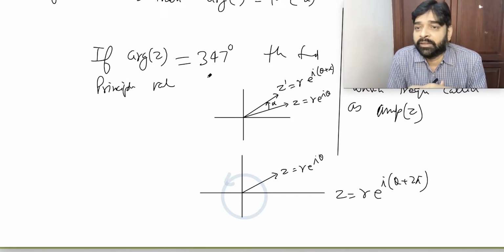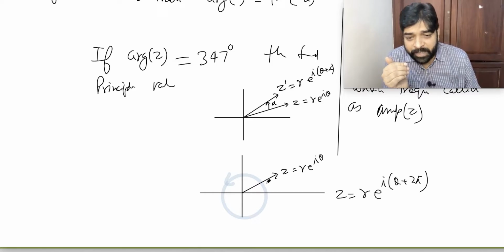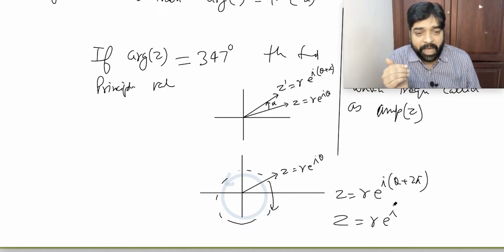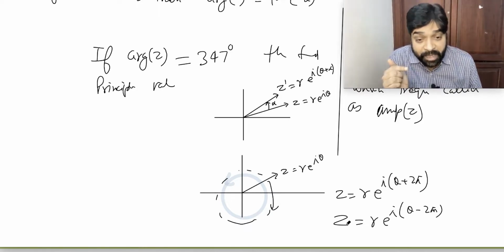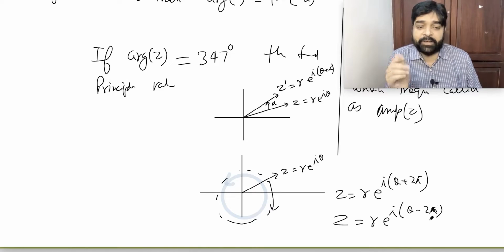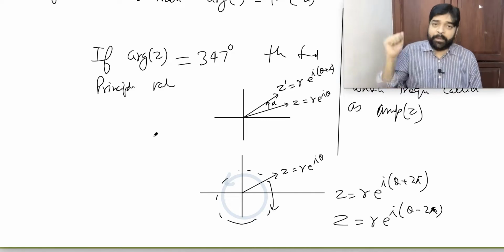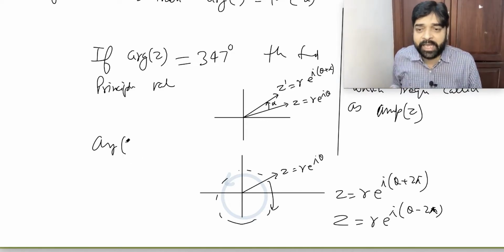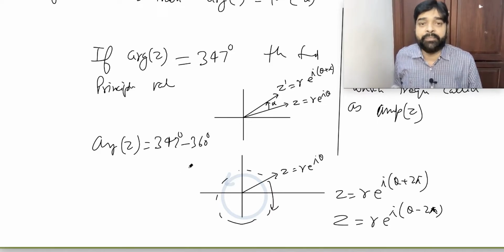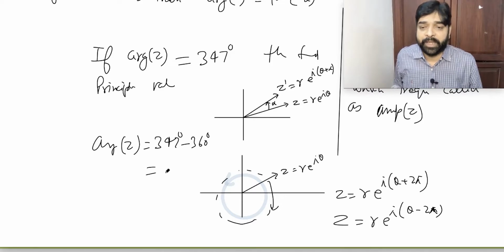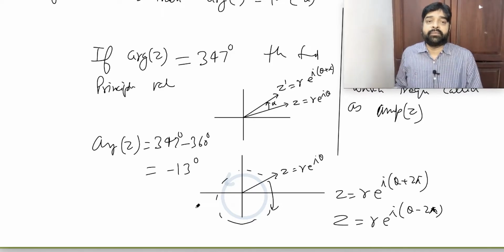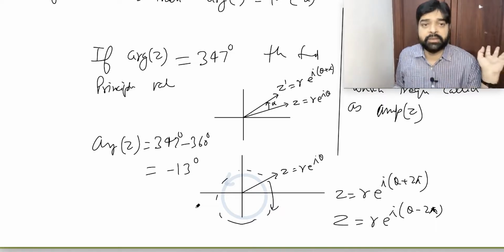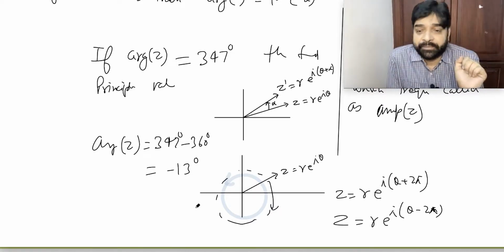If you rotate this complex number clockwise by 360, z will be r into e power i (theta minus 2 pi), and this is also z. The same will be there. The complex number will not change. So for argument z 347, if I rotate by 360 degree in the clockwise direction, argument z will be 347 minus 360. So that will be minus 13 degree. Correct?